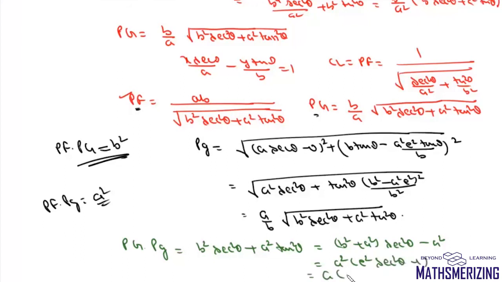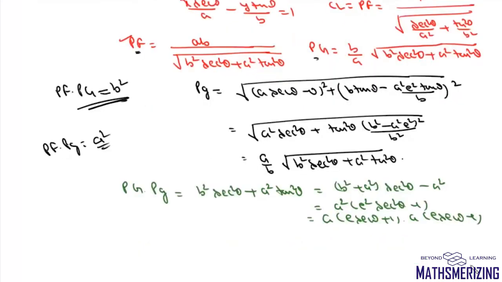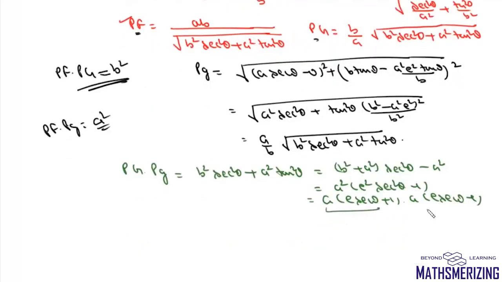Now we'll write this as A E secant theta plus 1 into A E secant theta minus 1. Now these two results are nothing but focal distances. So this is say SP and this is S dash P. So we have proved that PG into P small g is SP into S dash P.